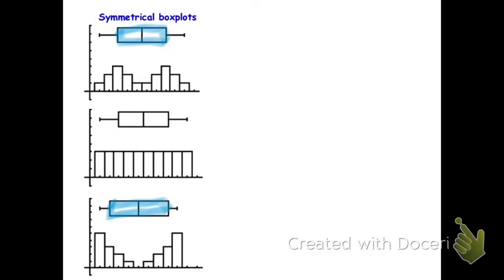Why do you think that is? There are more numbers towards the ends. So the standard deviation tells me that this one's going to have a larger standard deviation. If you have a larger standard deviation, you're going to have a wider box.